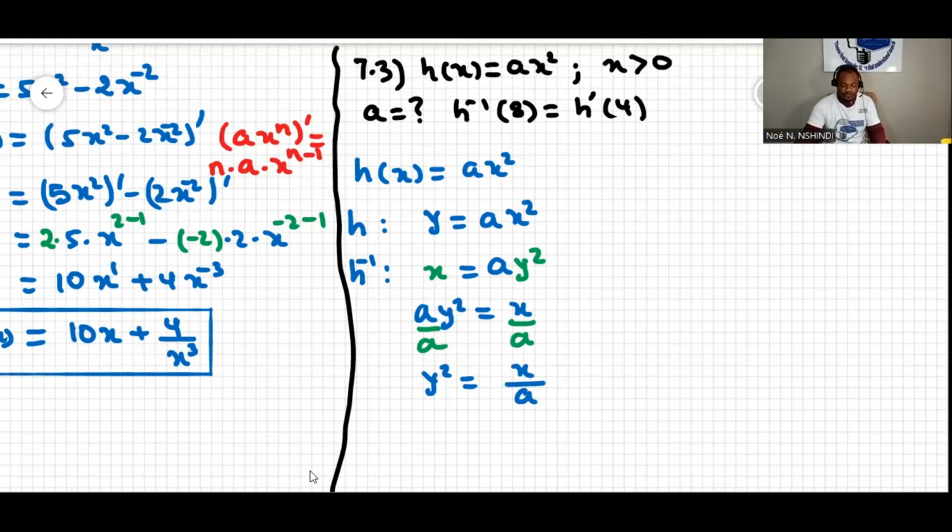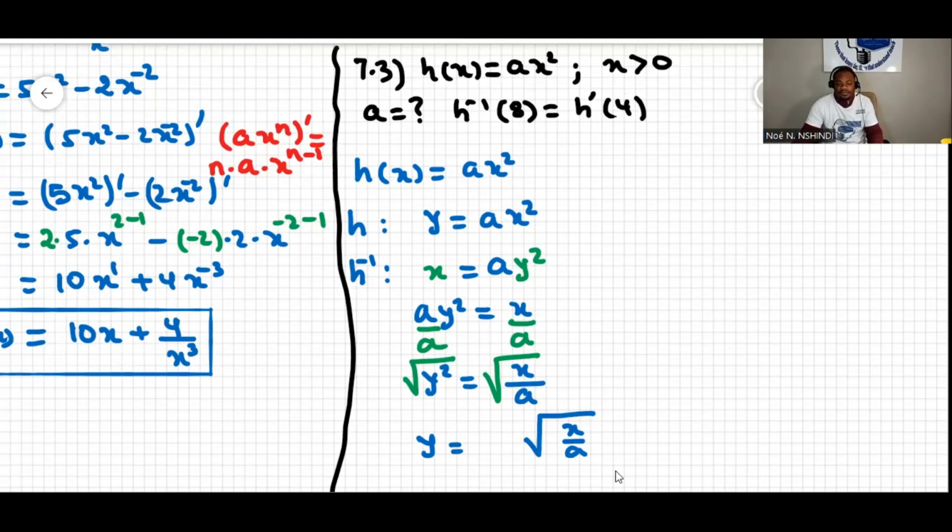If I need to find the value of y, I can just square root both sides. This will generate y equal to the square root of x over a. Not exactly. Remember, it must always generate a plus or minus here, but we already know that x here is positive, so I just want to leave it as the square root of x over a.